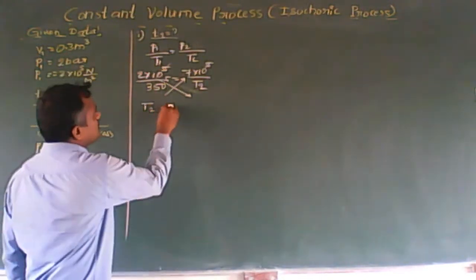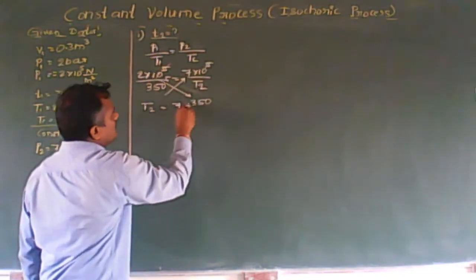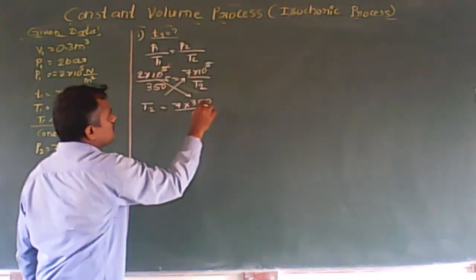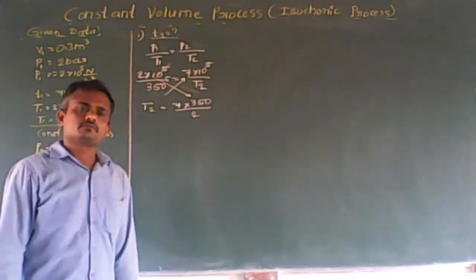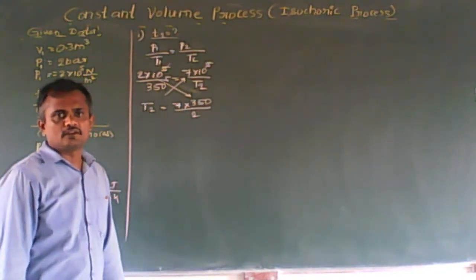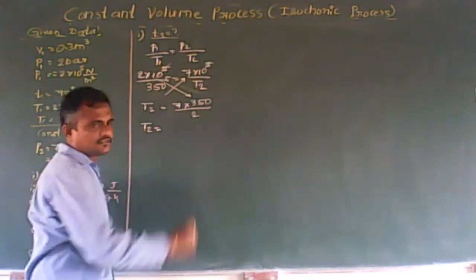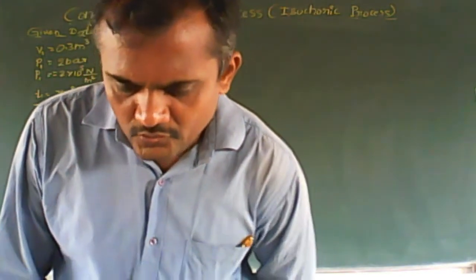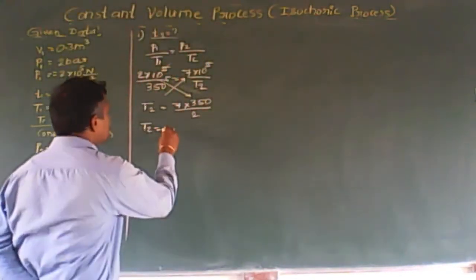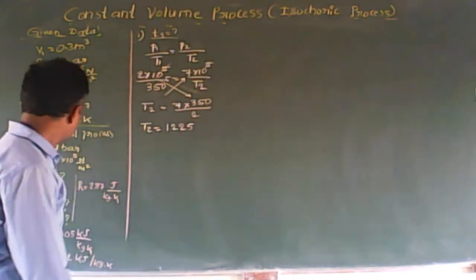So I can write it as 7 into 350 upon 2. 2 ones are 2, 175 is 175 multiplied by 7. So let me write the answer: 1225.